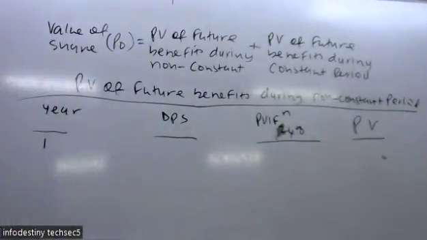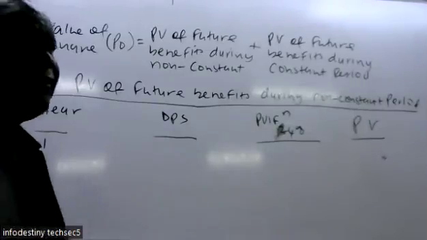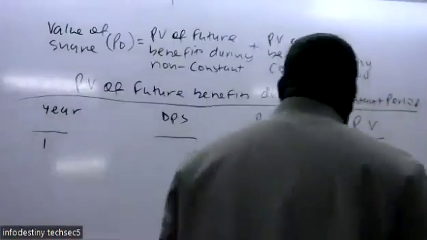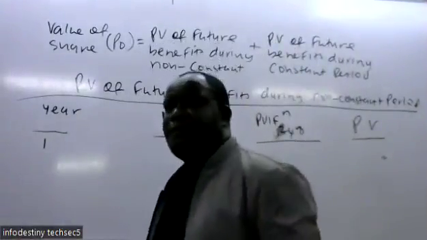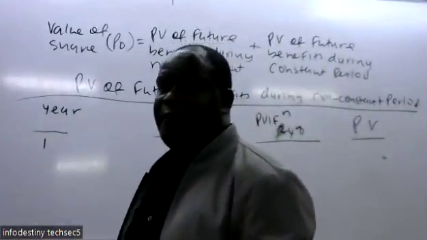So our year 1 is the same as 2018. So we increase the dividend of 2017 to get the one for 2018. The dividend per share for 2017, we calculated, we got which figure?